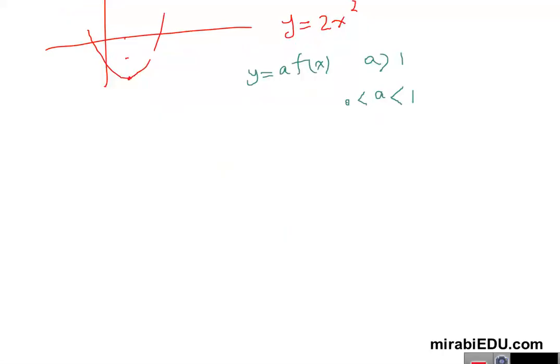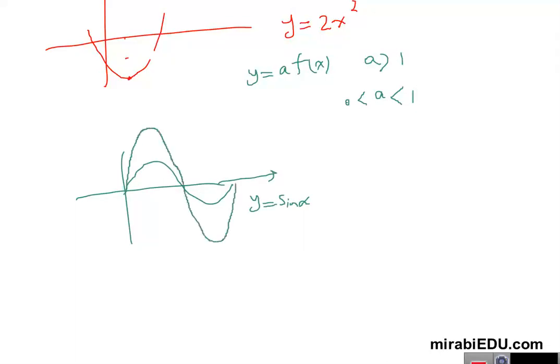In sinusoidal functions, let me choose the pen tool and come down here. For example, if I draw a sine function like this, this is y equals sine of x, and the 2 sine of x will be like this, and the maximum is 2 and minimum is -2, but in the first case max and min were 1 and -1.